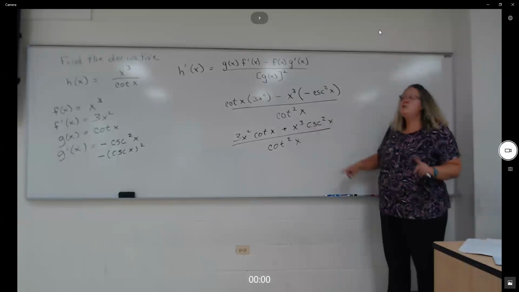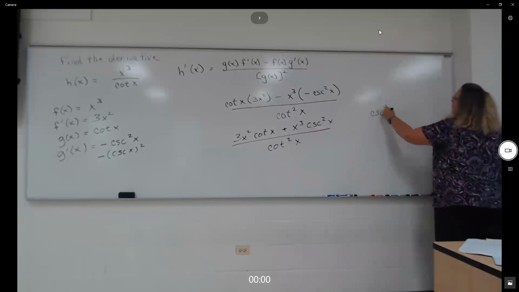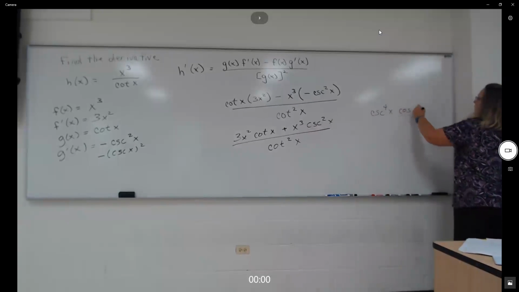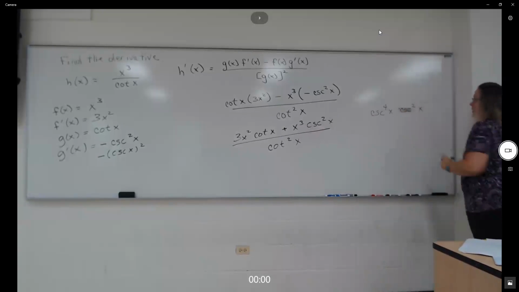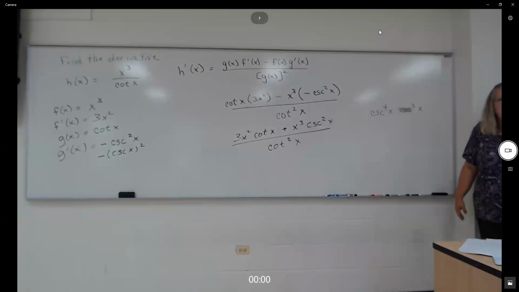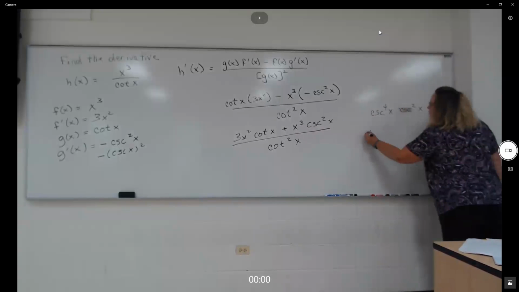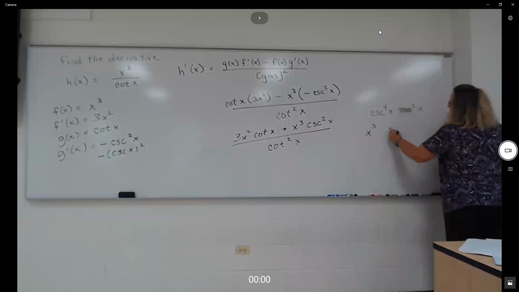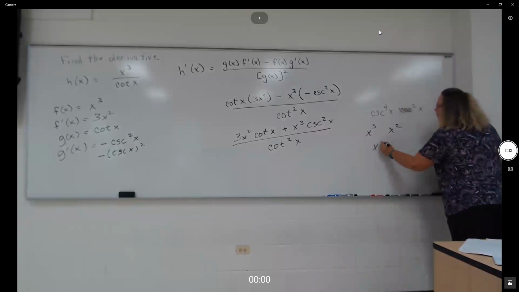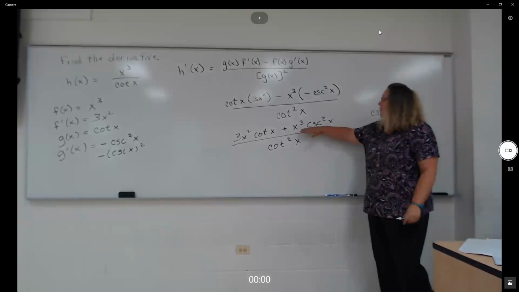If it was cosecant to the fourth and cosecant squared, I am making that cosecant to the sixth, okay? Or the reverse. If it was just x, that would be x to the fifth, but your bases have to be the same. Is that what you're talking about? Yeah, that's a great question.